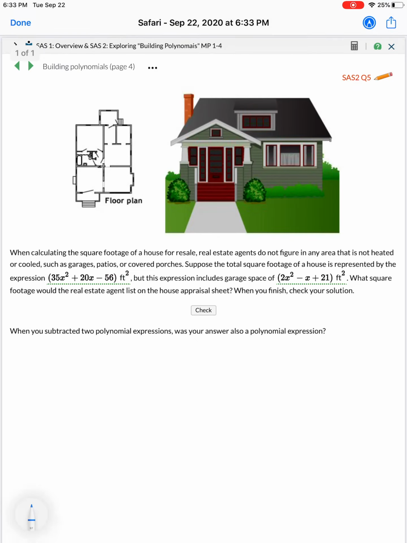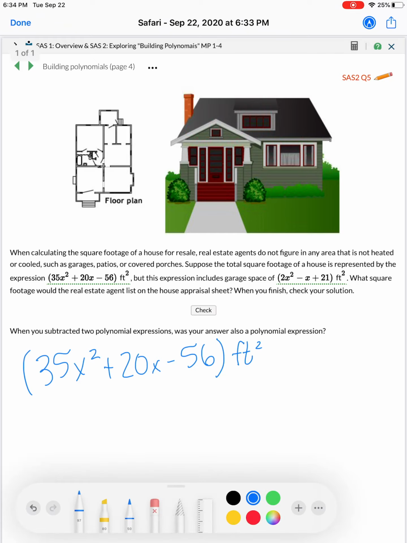Suppose the total square footage of a house is represented by the expression 35x squared plus 20x minus 56 feet squared. And it's feet squared because you're finding the total square footage, which is the area. And area is length times width, so that means it'll be squared. But this expression includes the garage space of 2x squared minus x plus 21.